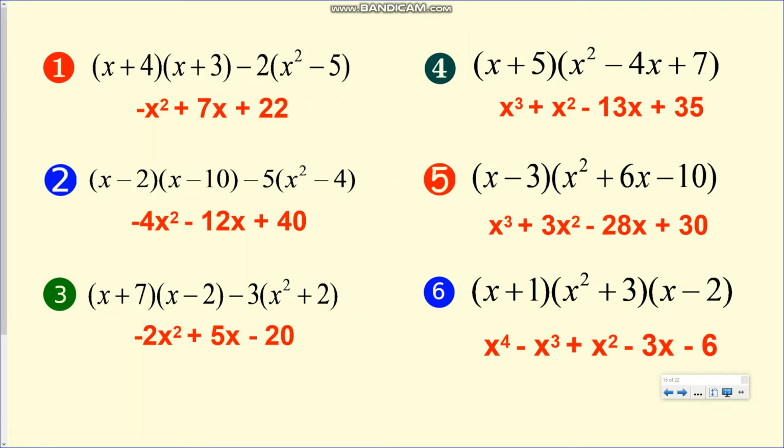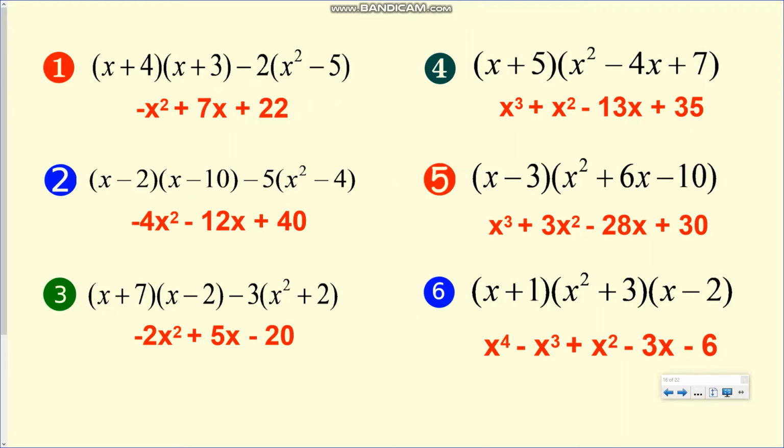Okay, the answers to these questions are, for number 1, you should have negative 1x squared plus 7x plus 22. For number 2, you should have negative 4x squared minus 12x plus 40. For number 3, you should have negative 2x squared plus 5x minus 20.